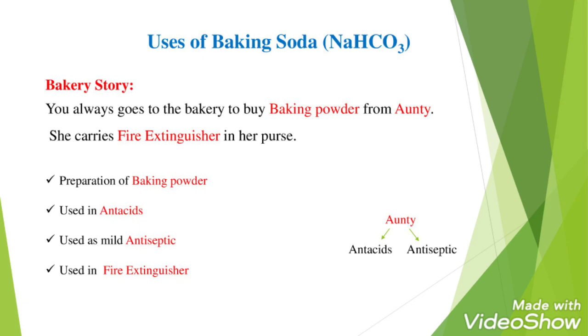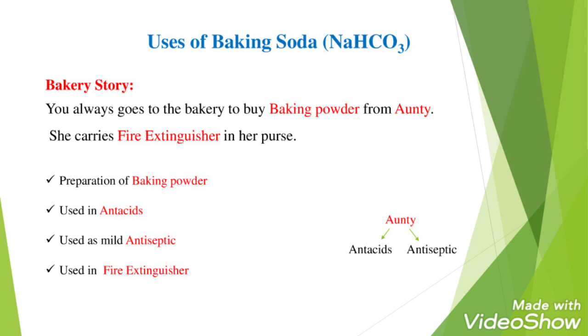Imagine one story. You always go to the bakery to buy baking powder from auntie. She carries a fire extinguisher in her purse. Once again I am repeating, you always go to the bakery to buy baking powder from auntie. She carries a fire extinguisher in her purse.